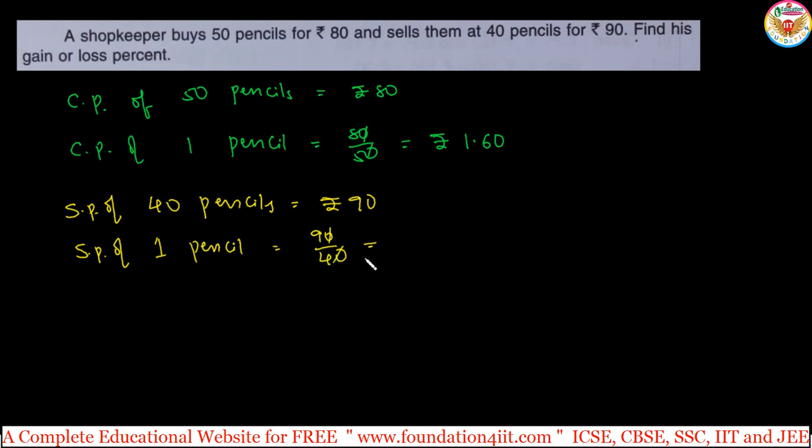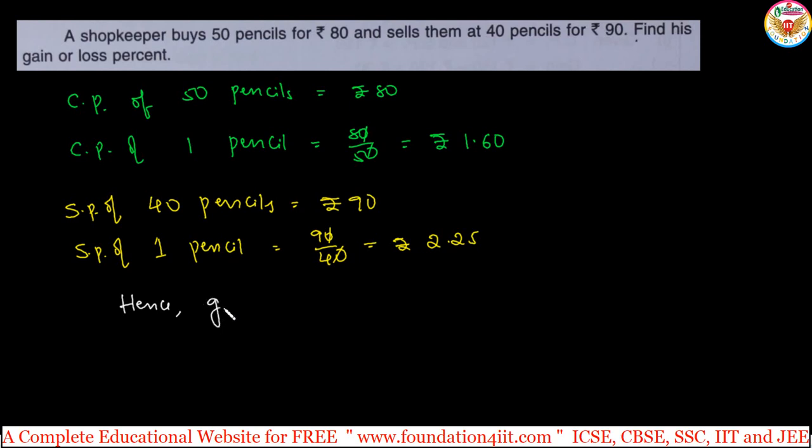Zeros cancel, 9 divided by 4, which is 2.25. So the cost price of one pencil is 1 rupee 60 paisa and the selling price of one pencil is 2 rupees 25 paisa. If you observe, the selling price is more. So he sold for an extra amount over the cost price. So it's nothing but gain.